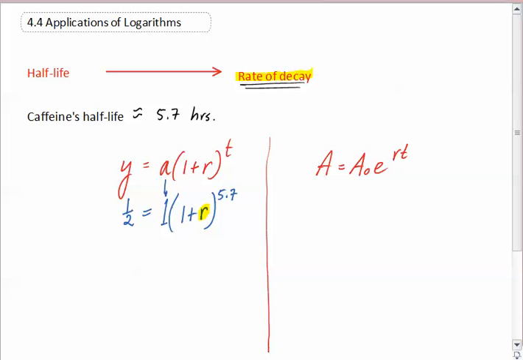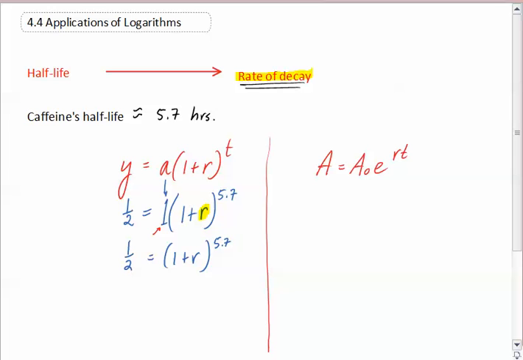Okay, so let's see. I know that the 1 right here, I don't have to keep it, right? Multiplying by 1 is just 1. So let me clean it up. Okay, there's that. And then I have 1 plus r to the 5.7. Now, I can't take this to the 5.7 power because of the r.